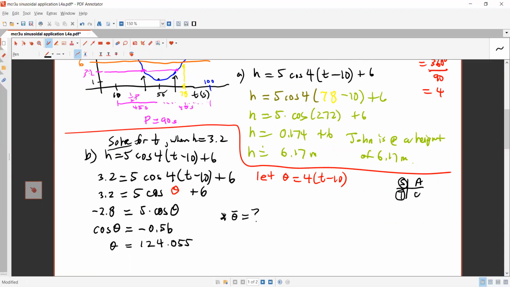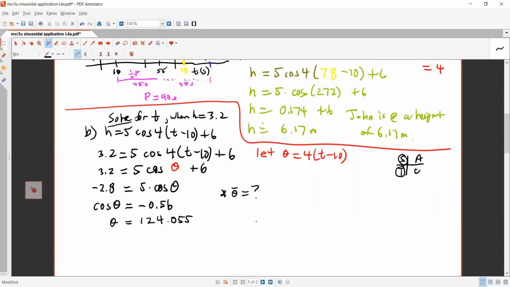But I'm digressing. So once we have theta equals 124.055, we substitute back: 4t minus 10 equals 124.055. Divide both sides by 4.